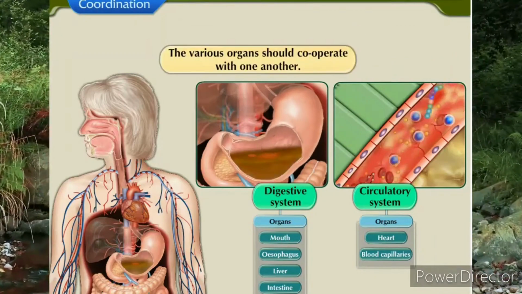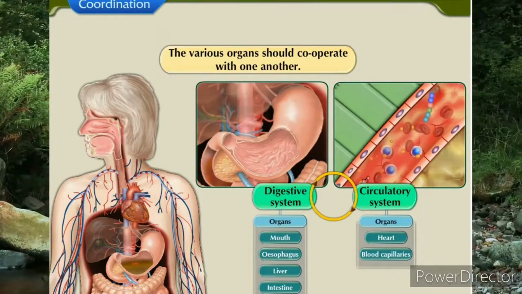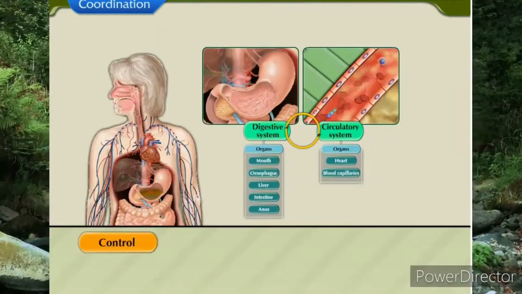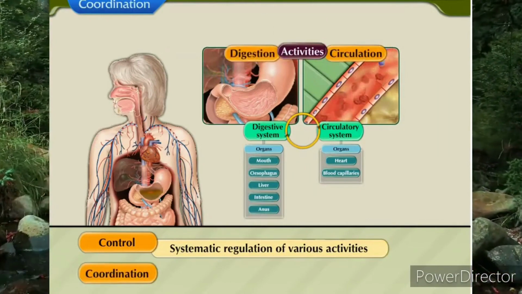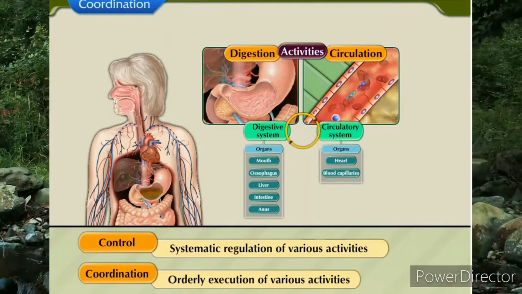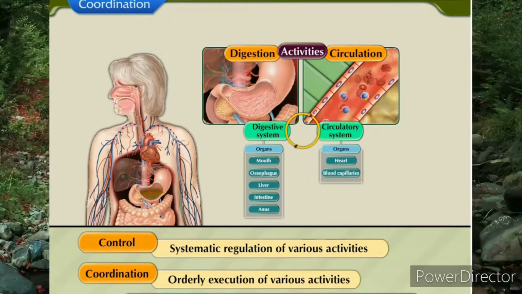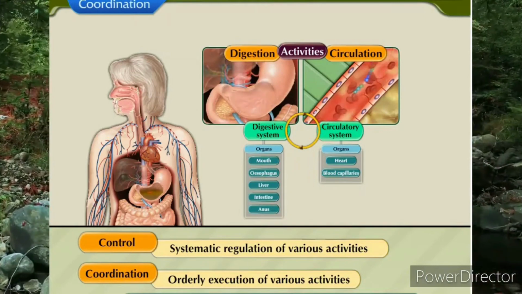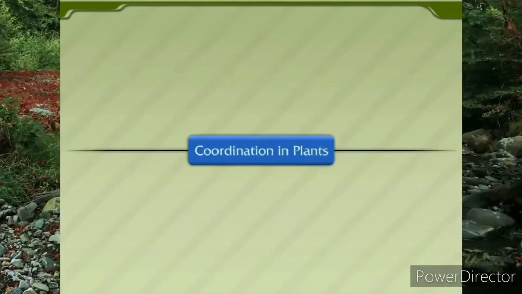In other words, the various organs should cooperate with one another. Thus, control refers to the systematic regulation of various activities and coordination means the orderly execution of these activities. This results in proper growth and development of the organism. Coordination in plants.